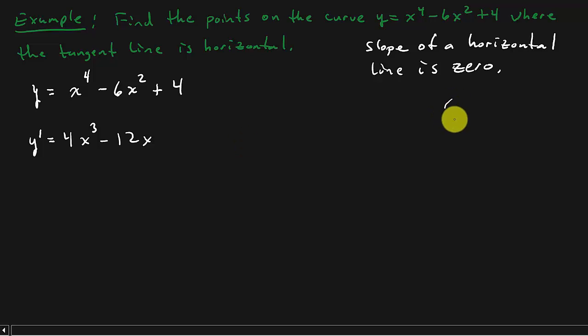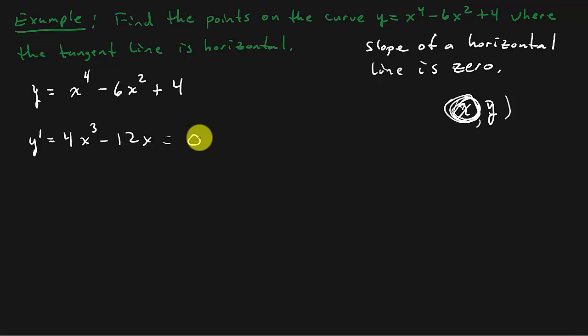Because if I have a point over here, whatever this xy point is, if I want to know the slope of the tangent line at this point, I would take this x value and plug it in, right? But what I want to know is, what does this x value need to be so that when I plug it in, I get 0 as an answer, because I need my slope to be 0?